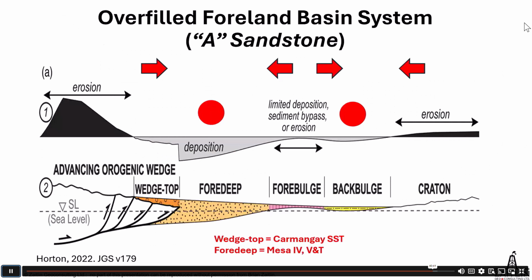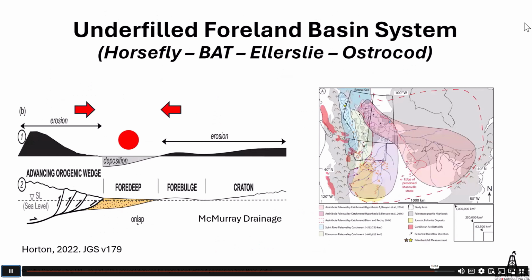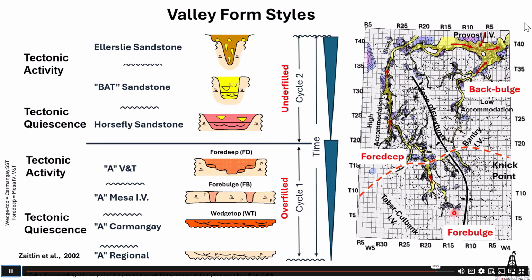And what we're trying to do here is understand what are the axial drainages and what are the side drainages operating in either an overfilled or an underfilled component of this type of unit. And then you can start to play games of, are you dealing with the tributaries? Are you dealing with the trunk systems? How these units are moving over time and how they're moving stratigraphically as you're going along.